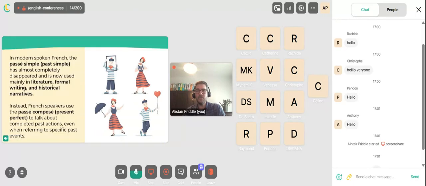So, in modern spoken French, the passé simple, or past simple, has almost completely disappeared and is now used mainly in literature, formal writing, and historical narratives. Instead, French speakers use the passé composé, the present perfect, to talk about completed past actions, even when referring to specific past events.